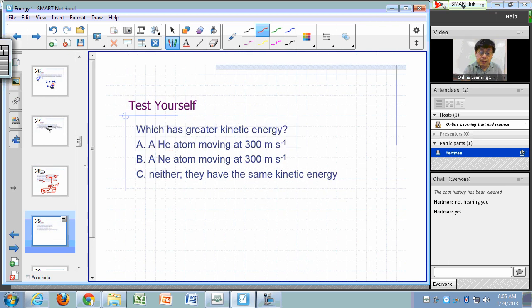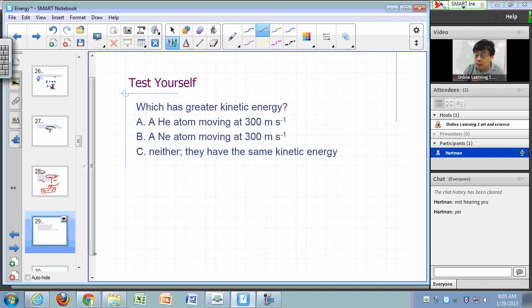All right, so let's just do a quick question here. Which one has greater kinetic energy? A, a helium atom moving at 300 meters per second, or B, a neon atom moving at 300 meters per second, or C, they have the same kinetic energy? Clicker question.